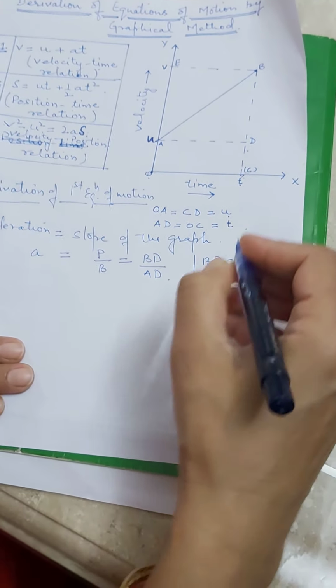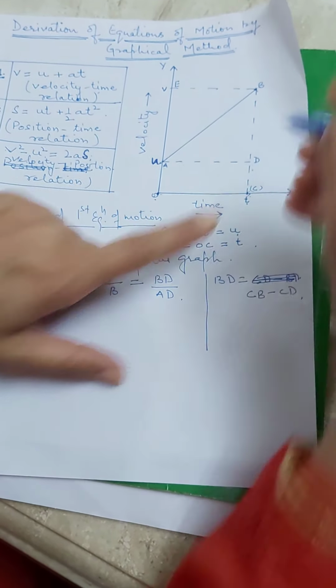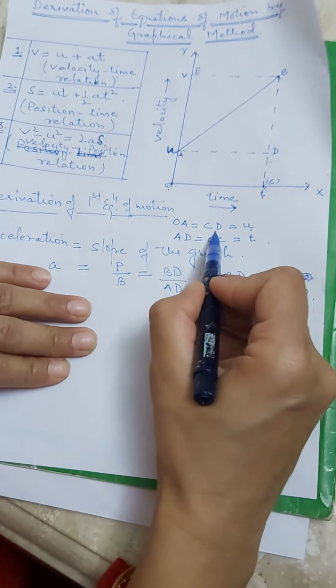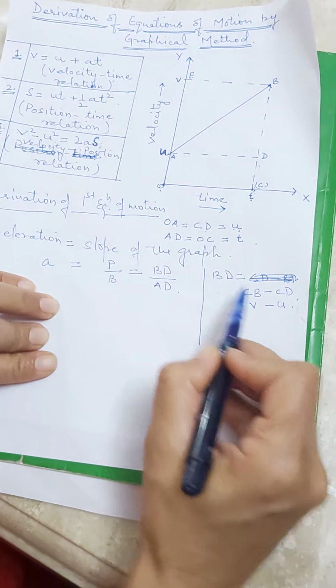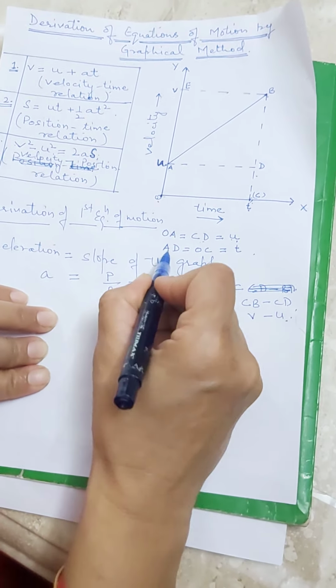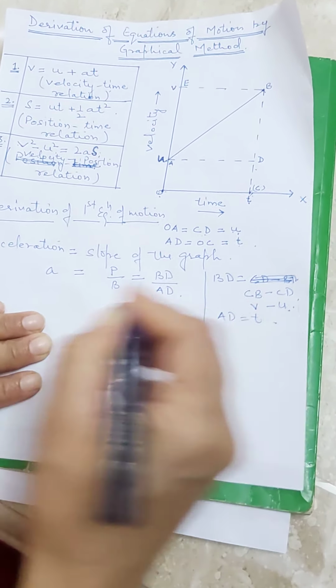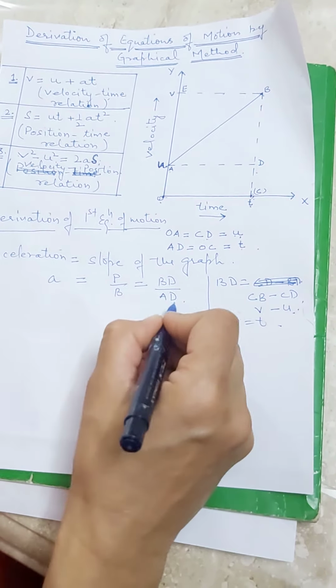And what is CB? CB is from this position to this position, it is V. And CD we have written here, it is equal to U. That is, can we write BD is equal to V minus U? And what is AD? AD here it is T. So we will put these values in this equation. Suppose this is equation 1.